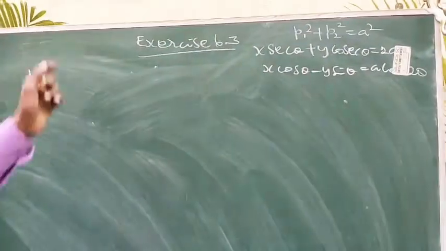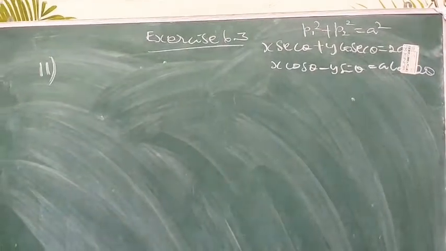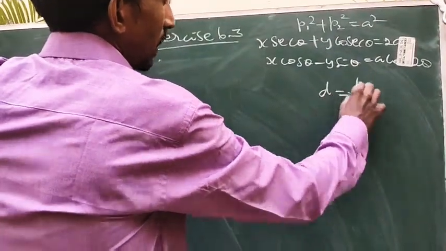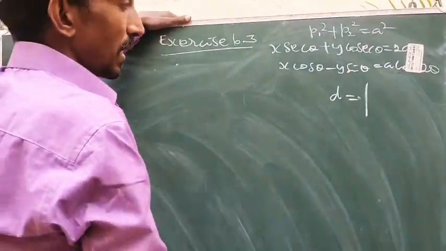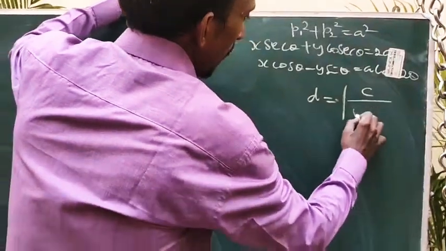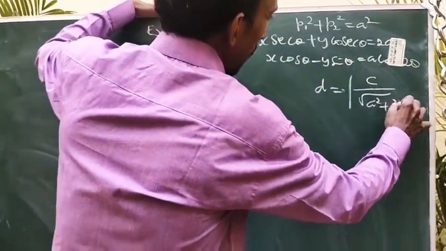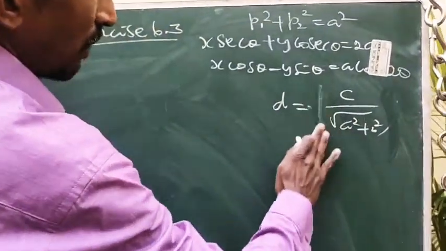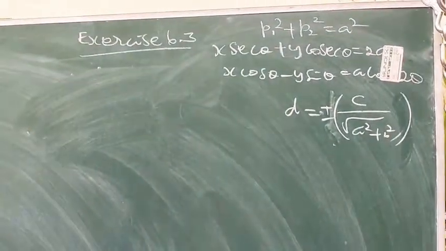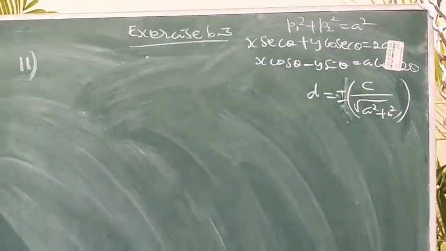So listen my dear student, first recall the formula. The perpendicular distance between the origin and the straight line ax plus by plus c equal to 0 is c by root of a square plus b square, or if you are leaving the modulus, we are going to put plus or minus. Better we can put modulus.